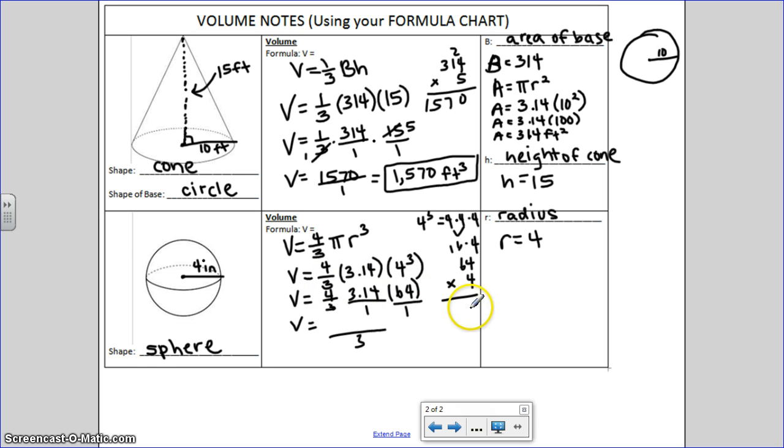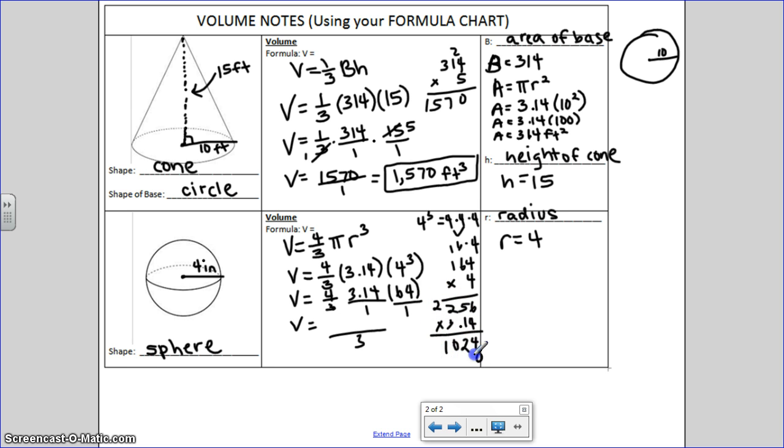Okay, so 4 times 4 is 16. Carry that 1. 4 times 6 is 24 plus 1 is 25. So it's 256. But I still also need to multiply it by this 3.14. So I'm going to do that here. 3.14. I'm sorry, that's kind of hard to see. Okay. Alright, so then we have 4 times 6 is 24. Carry that 2. 5 times 4 is 20 plus 2 is 22. 4 times 2 is 8 plus 2 is 10.